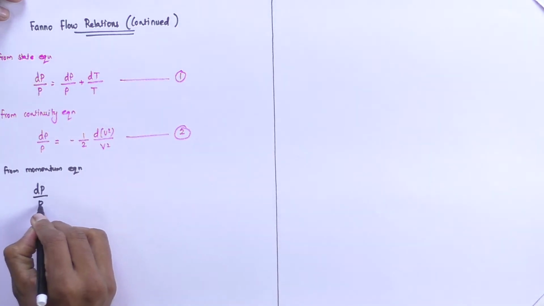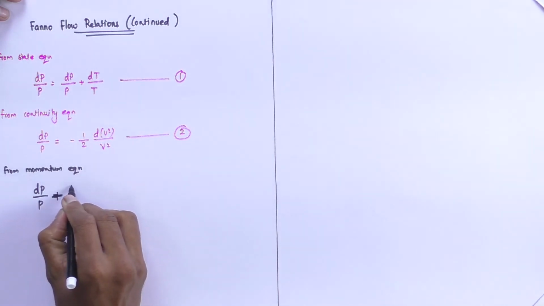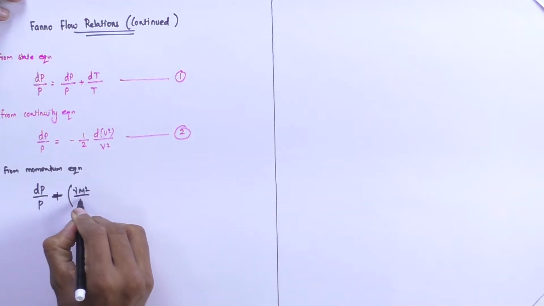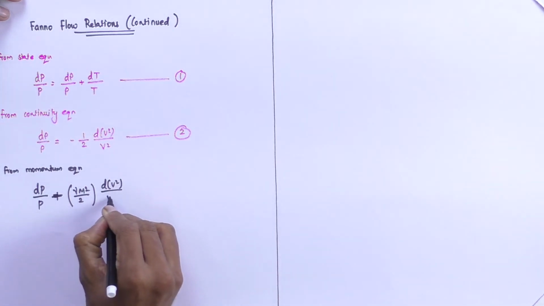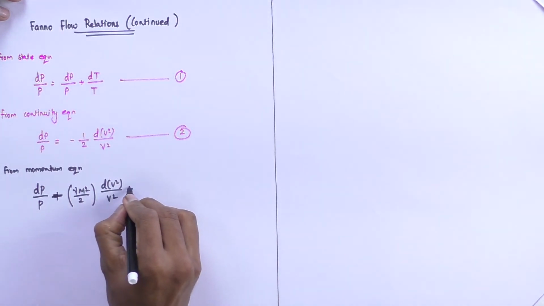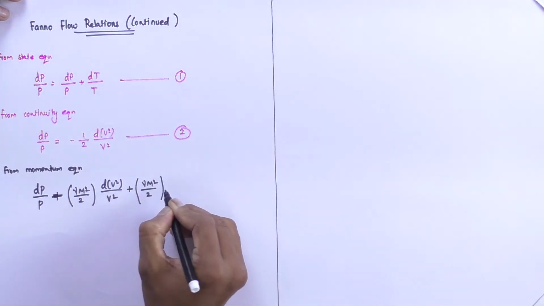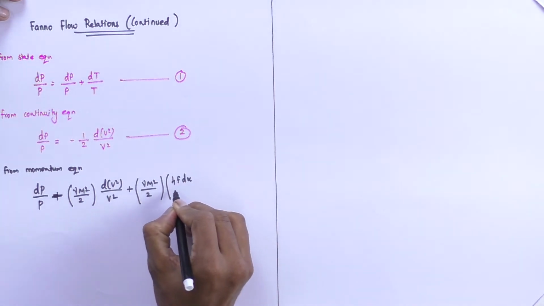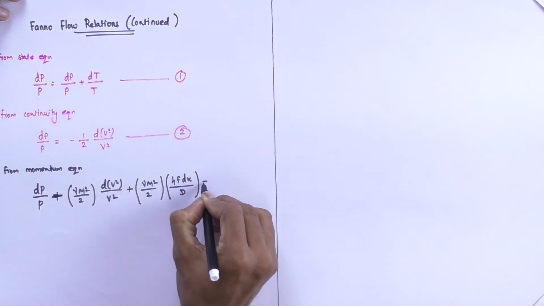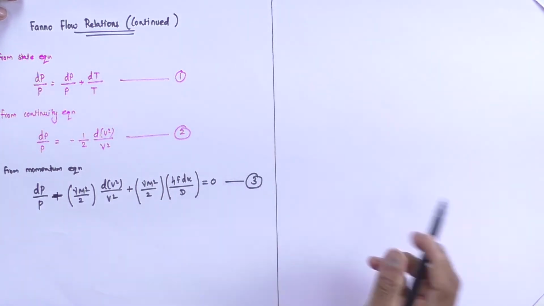So, dp by p plus gamma M square divided by 2 into d of v square divided by v square plus gamma M square divided by 2 into 4f dx divided by d is equal to 0. So, this is equation number 3.